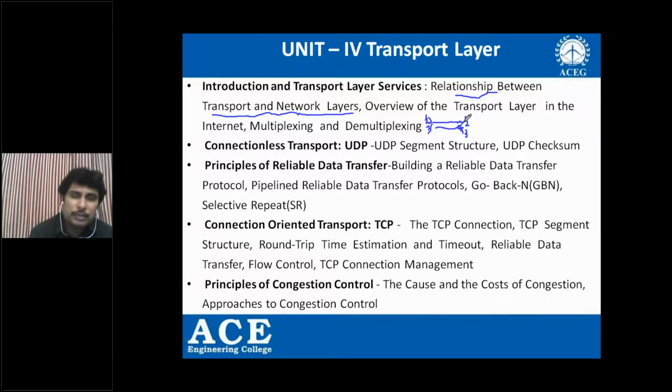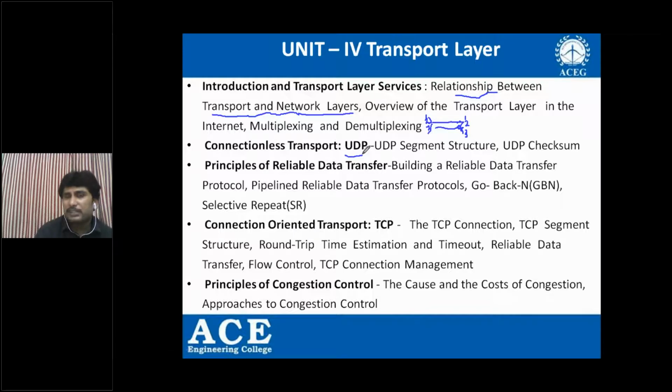Now when you are trying to implement process to process delivery, we have two modes. The first mode is where you just want to implement process to process delivery, and you are not much keen about how reliable the path or the transmission is. When you are least bothered about reliability and accuracy, and all you are looking for is only process to process delivery, and the remaining reliability will be taken care of by other layers in the network, then the type of protocol we use is called User Datagram Protocol.